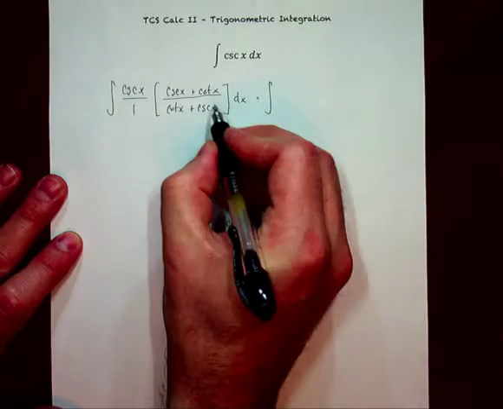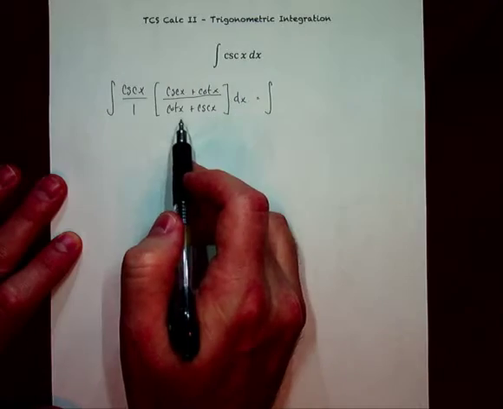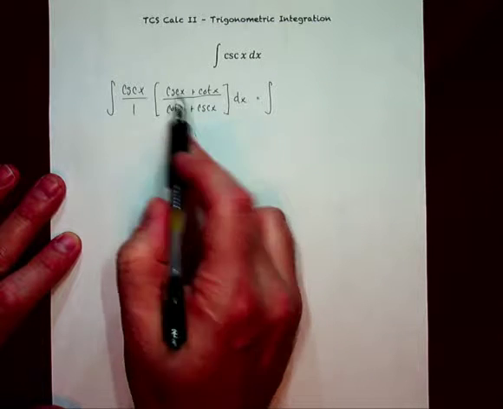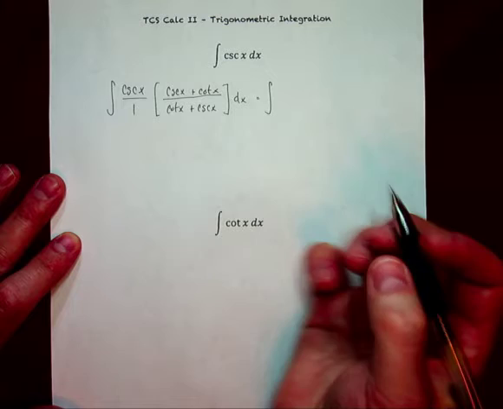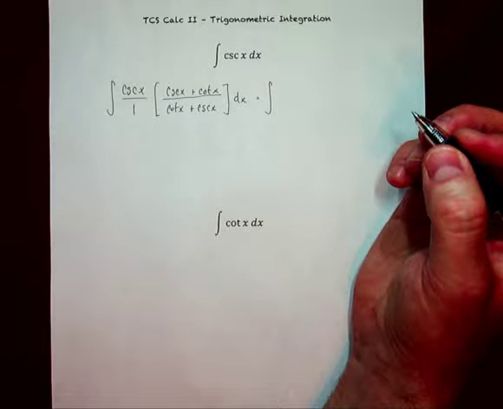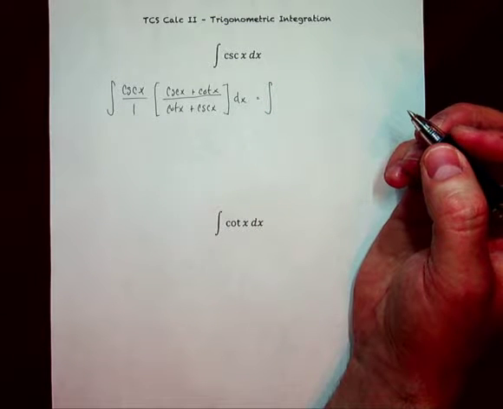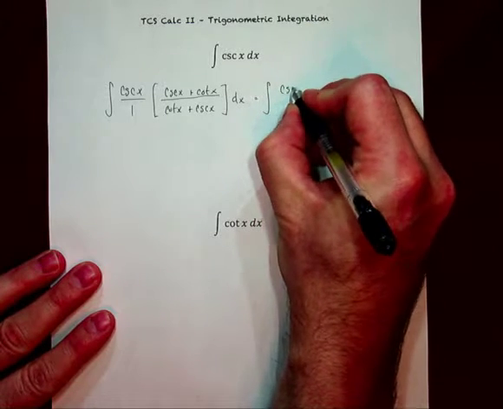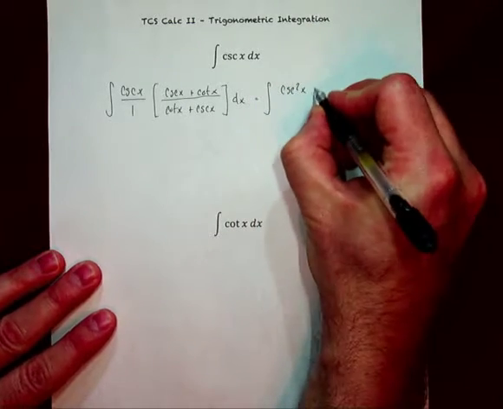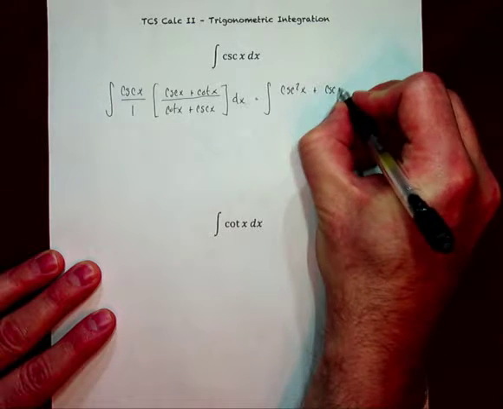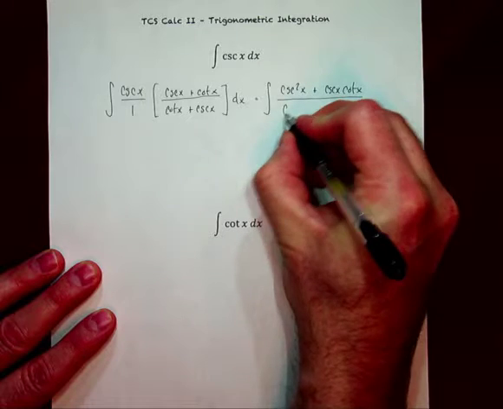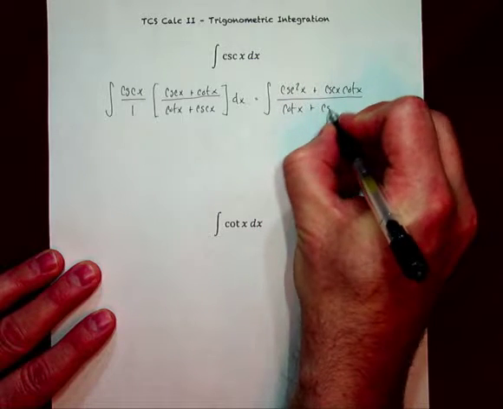Now that I've multiplied by 1 in this form, and I did exactly the same thing I did with secant and tangent, I just reversed the order of the denominator so that the derivative would line up right over what it is the derivative of, and we get cosecant squared x plus cosecant x cotangent x, all of that over cotangent x plus cosecant x.